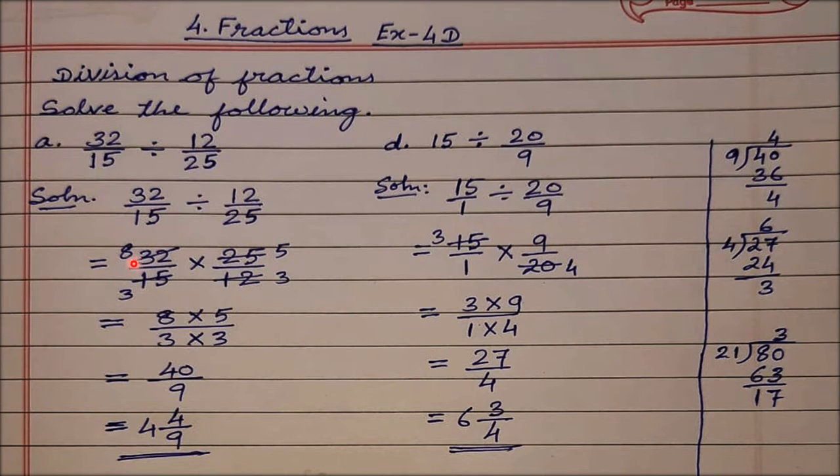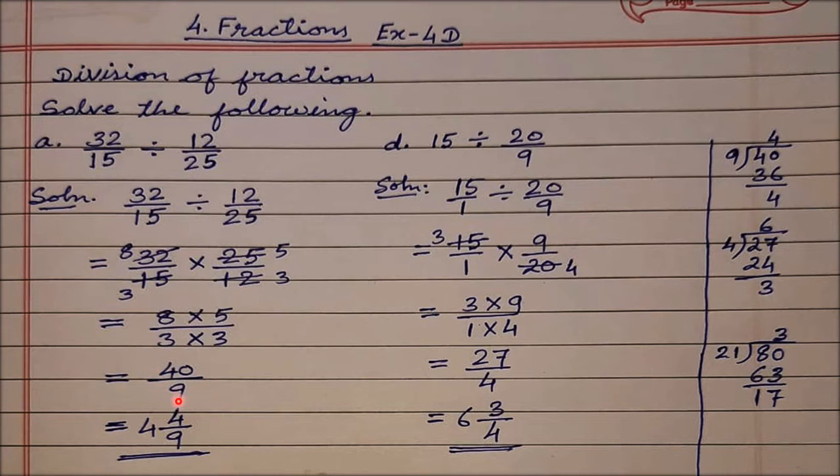Hence what we will do now, find the product of the numerators, 8 multiplied by 5. So 8 5 times is 40, and in the denominator 3 times 3 is 9. 40 by 9.